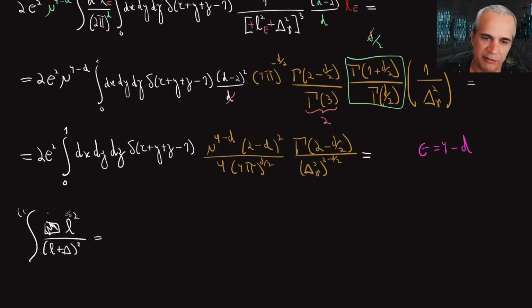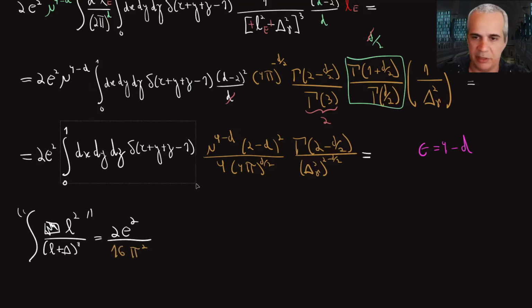Just to give a name to this part, this is just 2e squared. When I do this expansion, as usual, you get a power of 16 pi squared out here. This is just repeated over because I'm not integrating on this part so far.